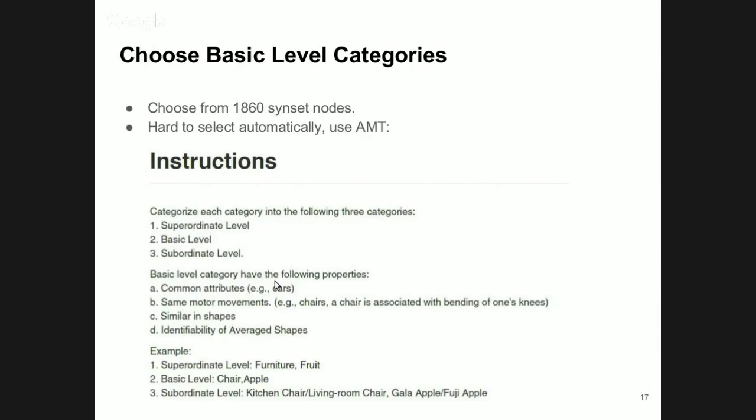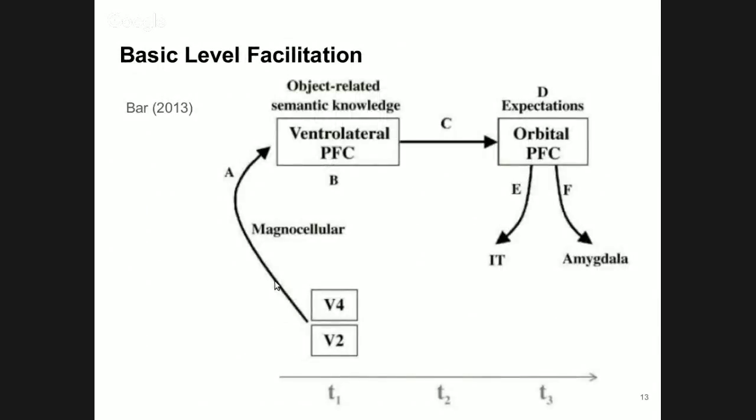Okay. So go back to Bar's idea, which I want to implement, of basic level facilitation. This is the idea by Moshe Bar. It's not 2013, it should be 2003. His idea is that there are 2 distinct processing pathways in the human brain for recognizing objects.